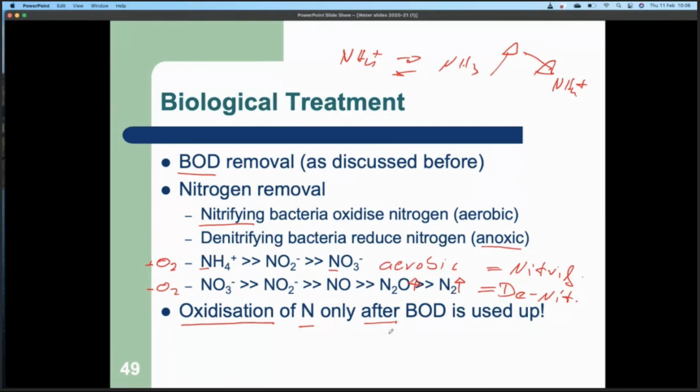So that means if you have a sewage works where you don't supply enough oxygen, or where there's too much BOD, or maybe where the flow is too fast and bacteria don't have time to digest all the BOD, then you will not find nitrification happening. And that means that as an indicator, if you have NH4+ in effluent, that is an indication for incomplete treatment.